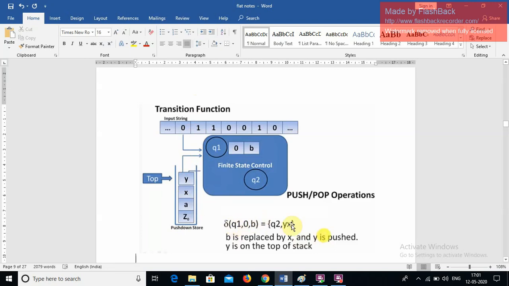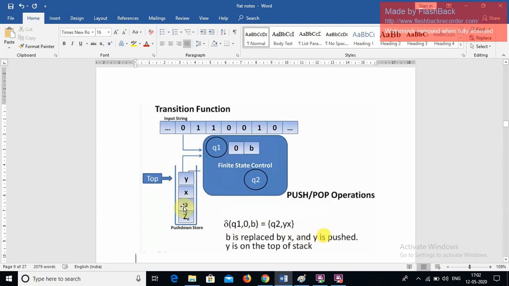So when the finite state control executes this transition function, 0 is given to the current state and b is popped from the stack and given to the current state. The state transition happens from q1 to q2, and yx is the new stack symbols inserted into the stack.